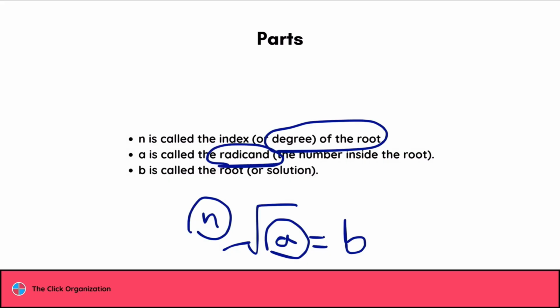And b is called the root, or the solution, or the result. So we have 3 parts in each root: the index or degree, the radicand, and the root.